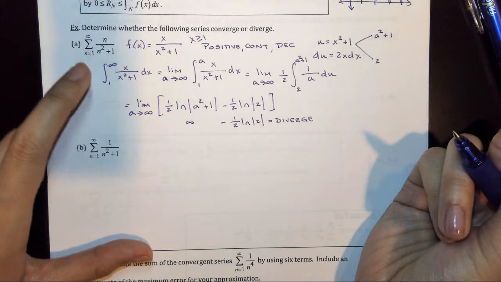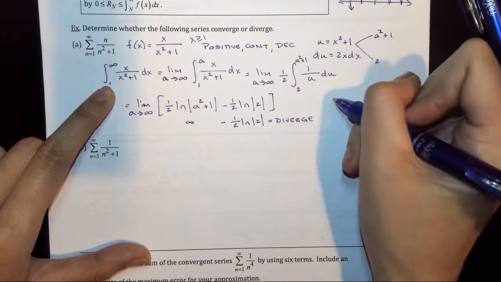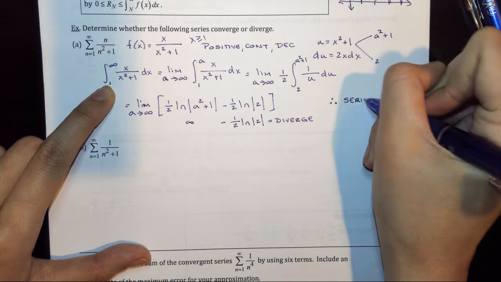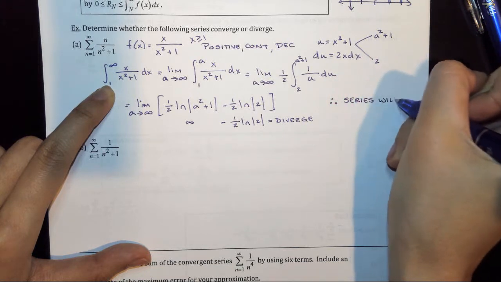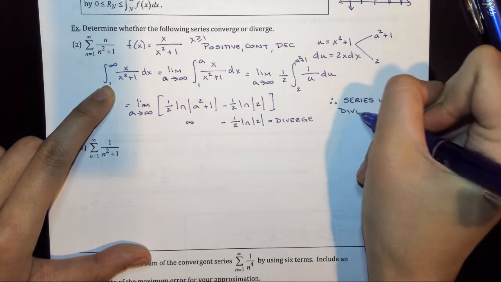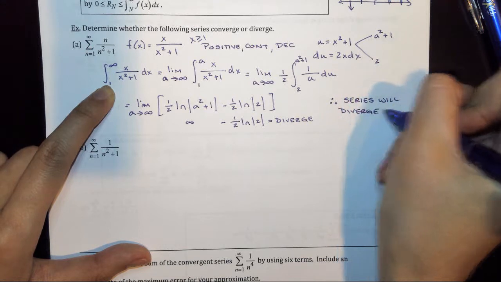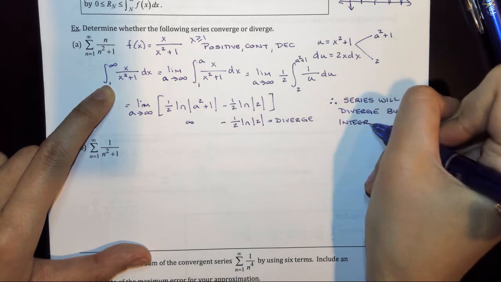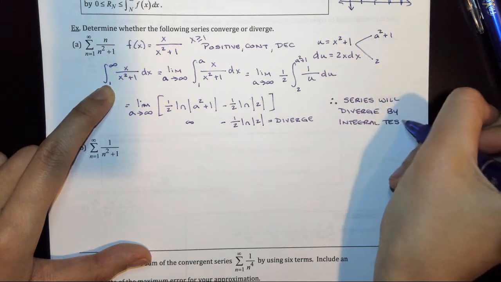And so since my improper integral diverges, therefore my series will diverge by the integral test. Okay?